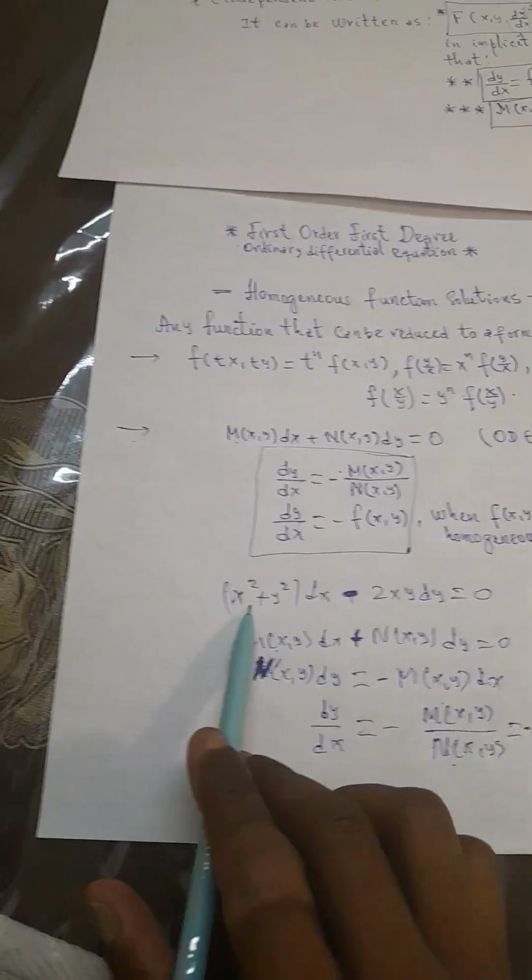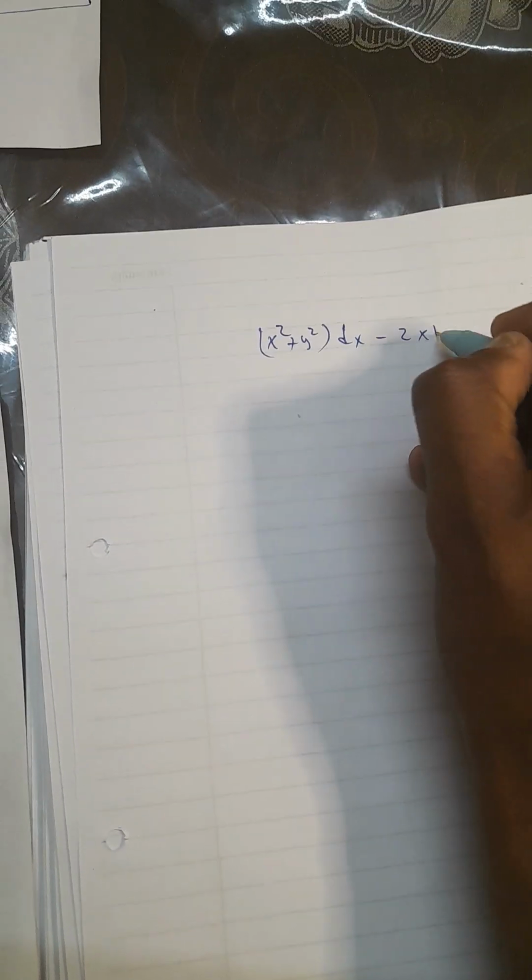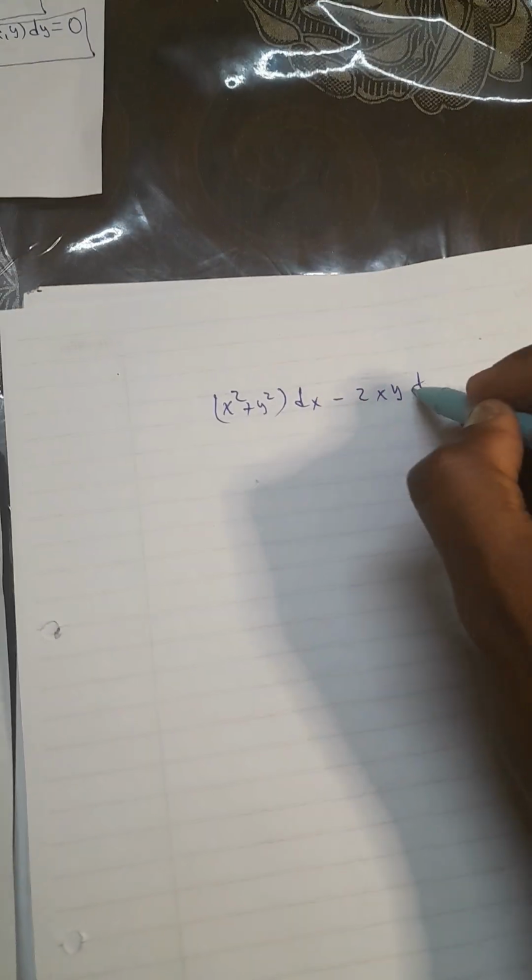Now, is that true? Let us solve for this one. How to solve? That's the question. Suppose here we have this exercise: (x squared plus y squared) dx minus 2xy dy is equal to 0.